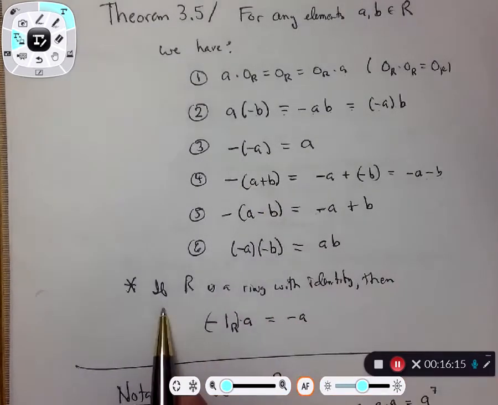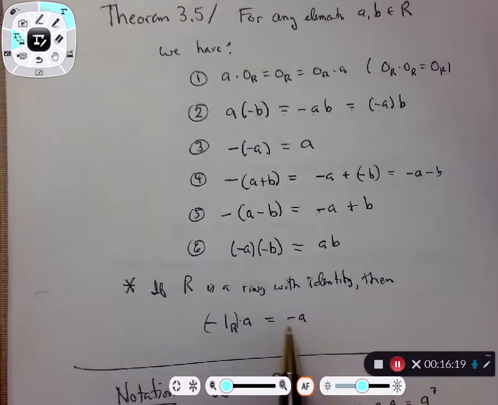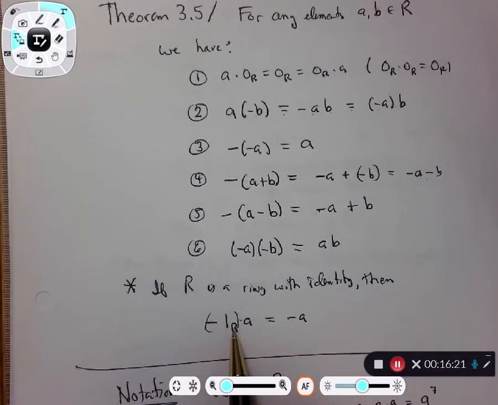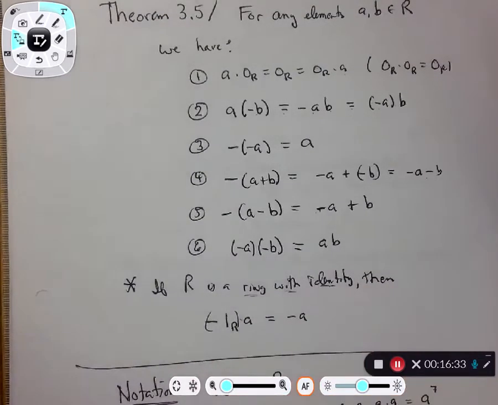Now, if R is a ring with identity, then negative 1 in the ring times A is going to be negative A. You can look at that negative as negative 1 times, but only when you have a ring with identity can you do that. Otherwise, you have to look at it as the additive inverse element.